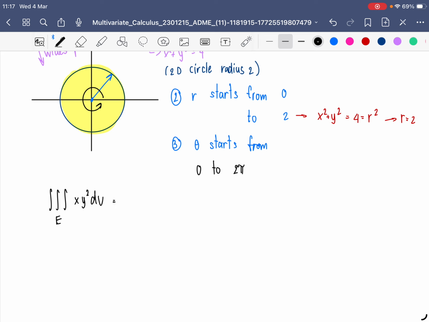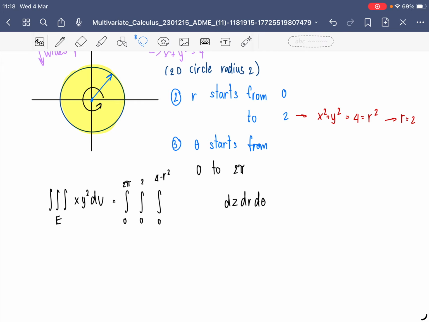Your z starts from 0 to 4 minus r squared, r goes from 0 to 2, and theta goes from 0 to 2 pi. Your x y squared, change them in terms of r and theta.